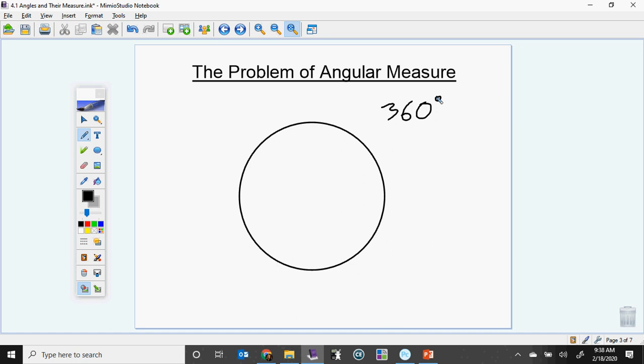In fact, it doesn't have any specific reason for why we choose 360 other than the fact that 360 can be divided by a lot of different numbers. It's easily divisible by a lot of different numbers, and so that makes it easy to divide a circle into different parts. So we can divide it by 8 or 12 or 6 or whatever.